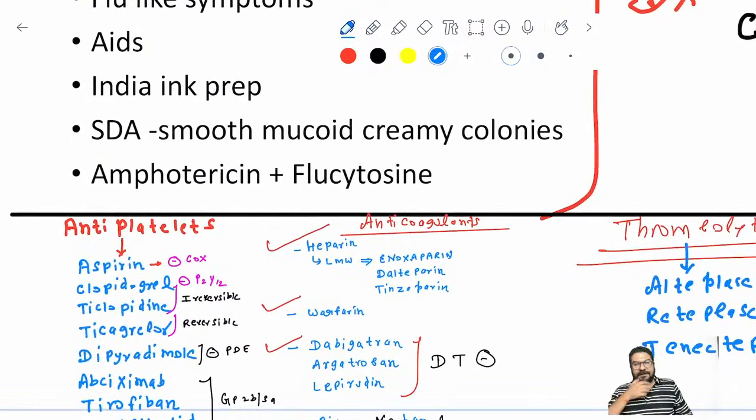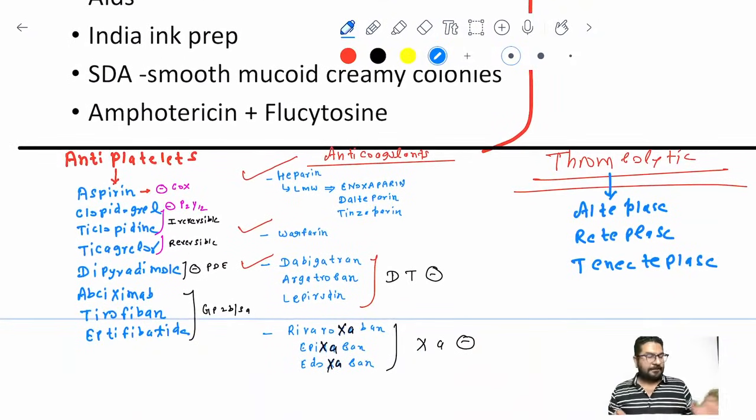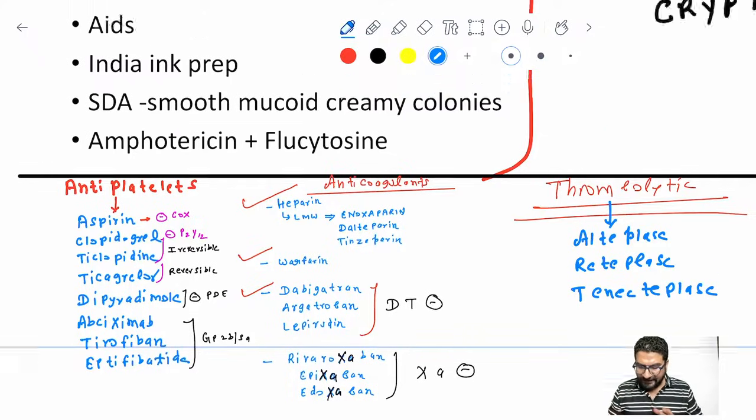So understand, whenever there is a state like MI, myocardial infarction, and we want to prevent platelet aggregation, we give antiplatelet. When it is a state with a high chance of a thromboembolic event, like prior to surgery, in unstable angina, sometimes non-ST-elevation MI, or atrial fibrillation, we give anticoagulant.